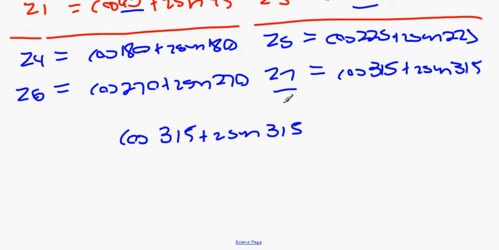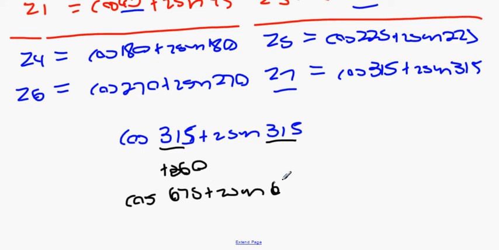What we have here, guys, is it has to be an angle that's equivalent to 315. If we add on 360, what we're going to get is cos 675 plus I sine 675.